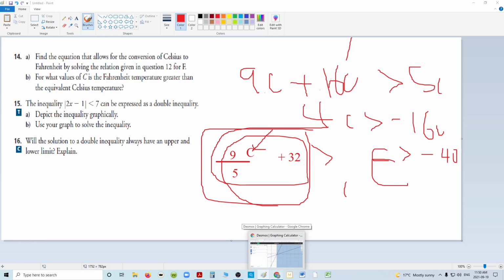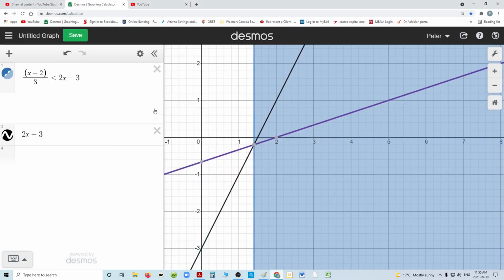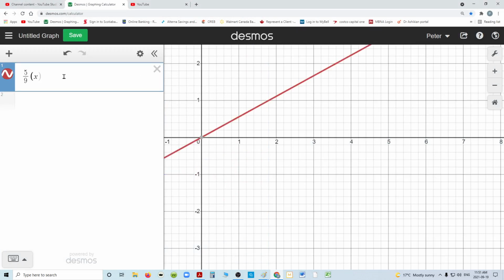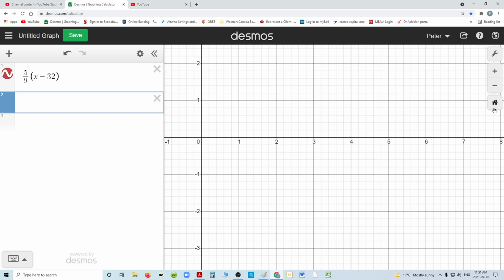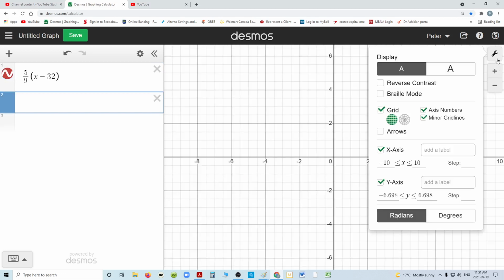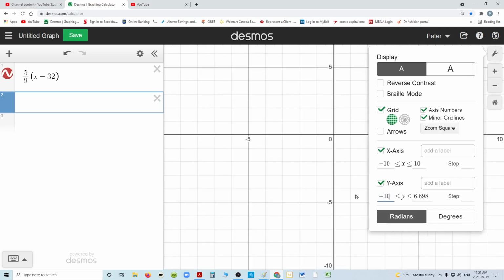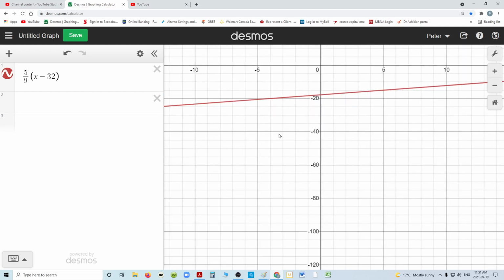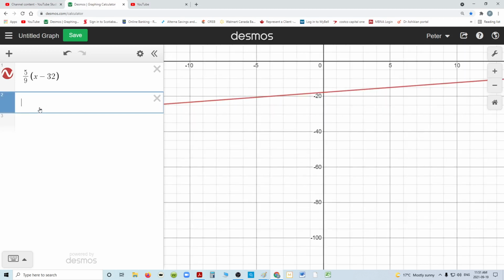We're going to do two equations here. And we're going to do this equation.